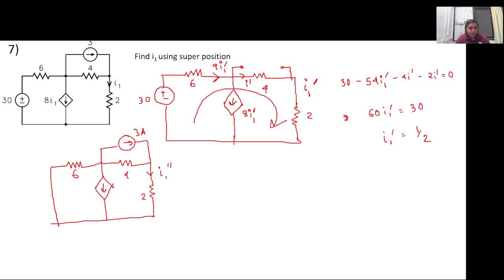So the current here will be 8 I1 double dash. So we have the branch current here 8 I1 double dash. We have the branch current here 8 I1 double dash. What will be the branch current in this 4 ohm branch? What will be the current flowing through this 4 ohm resistor?